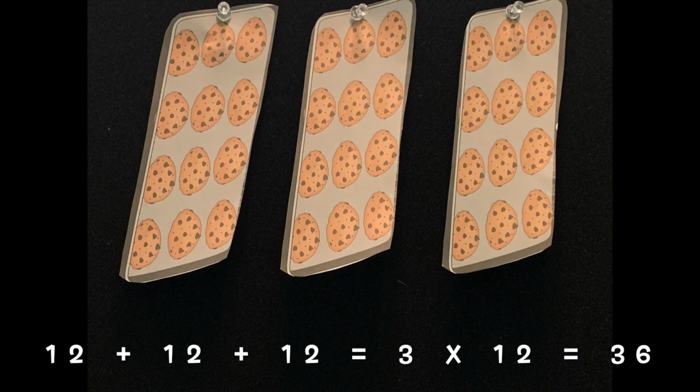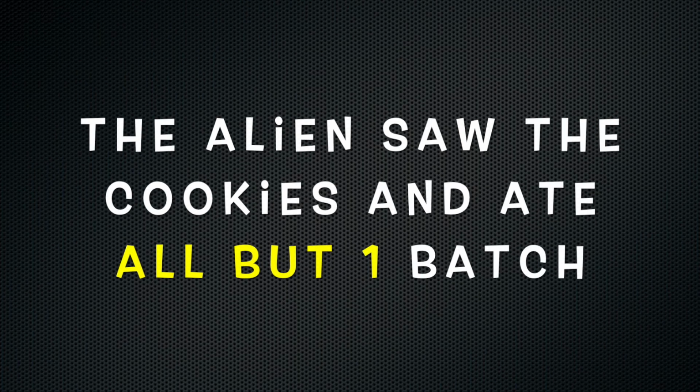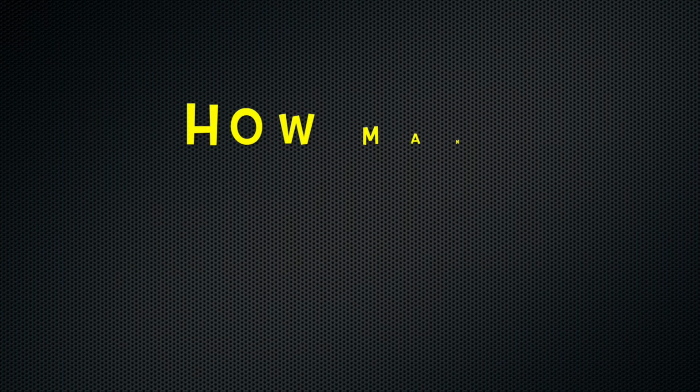Let's continue our tall tale. Well, the alien saw the cookies and ate all but one batch. How many cookies are left? Let's reread the question. The alien saw the cookies and ate all but one batch.